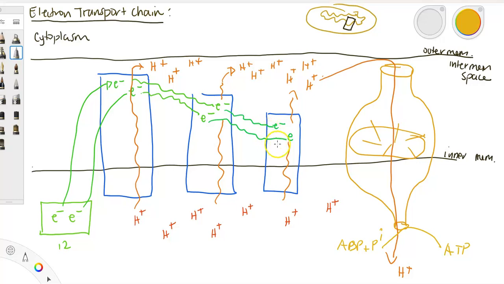Okay? But what happens to these 2 at the end of the chain? Because these can't hop on if these don't hop off. We're going to get a log jam here. Okay? That's where oxygen comes in. Remember the video where we talked about the equation?